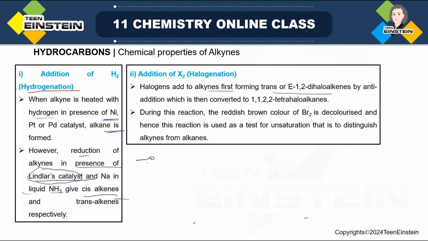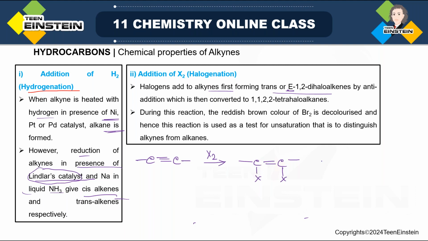So here in general, if I write CC triple bond, you are using, suppose X2 I am writing in general. First there is formation of one CX bond, one pi bond is broken. So this is E or trans 1,2-dihaloalkene.